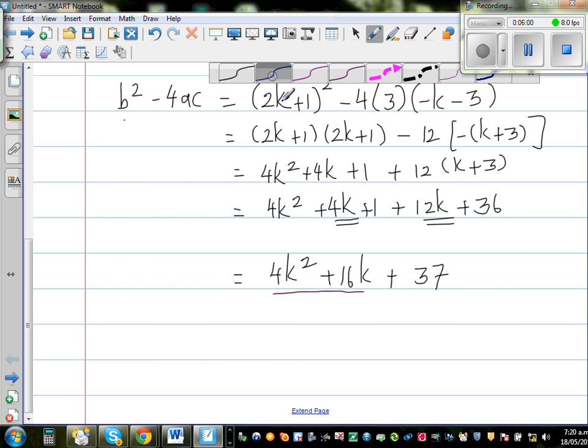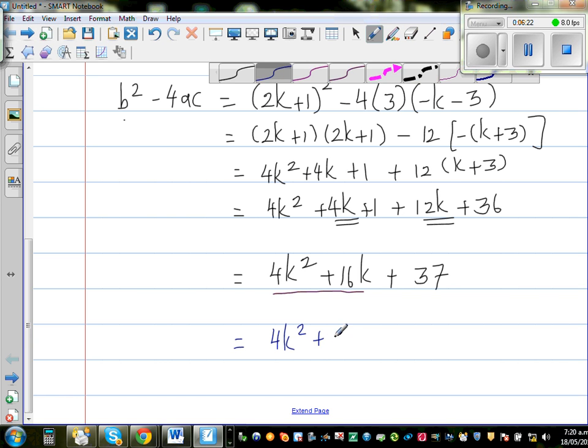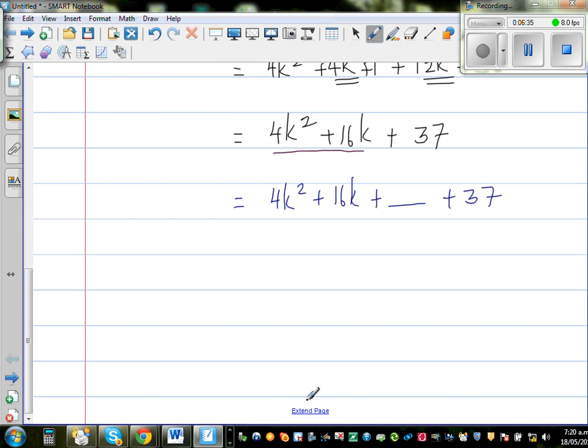No, we'll do it a different way, since this becomes more complicated. This is 4k squared plus 16k, plus something that gives me a perfect square, plus 37. I'll fill this gap later on.